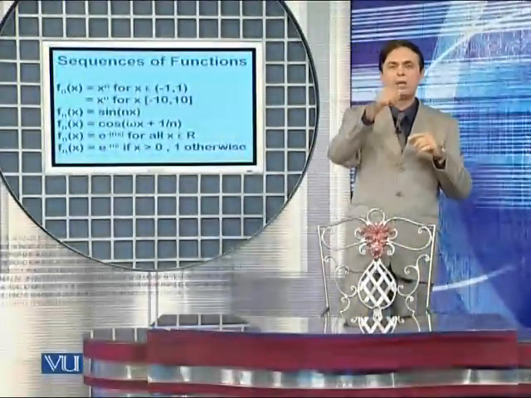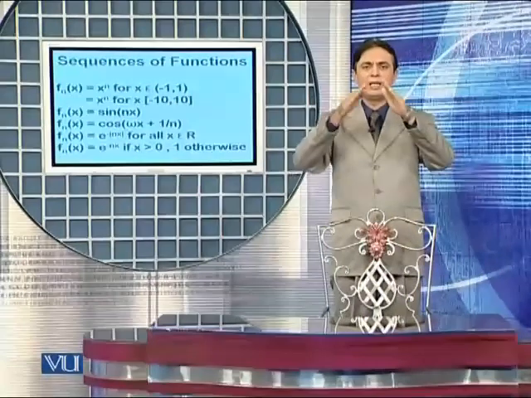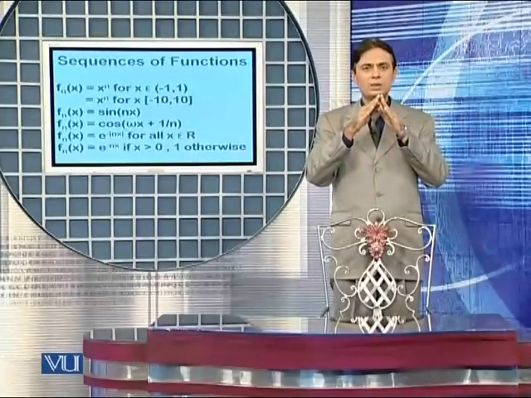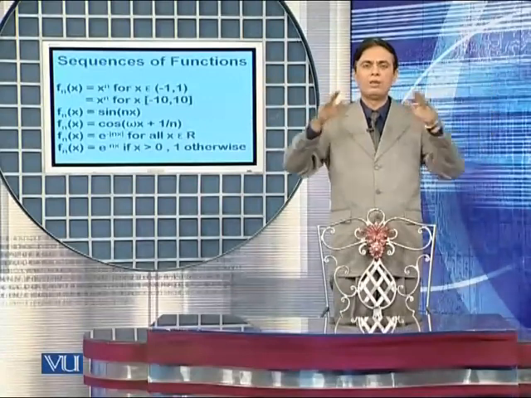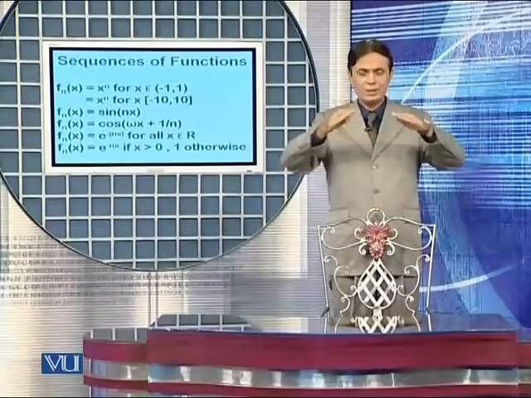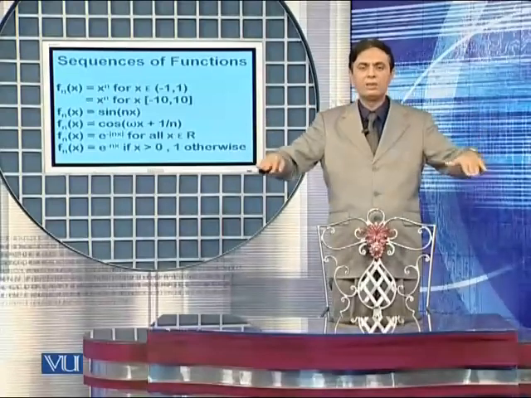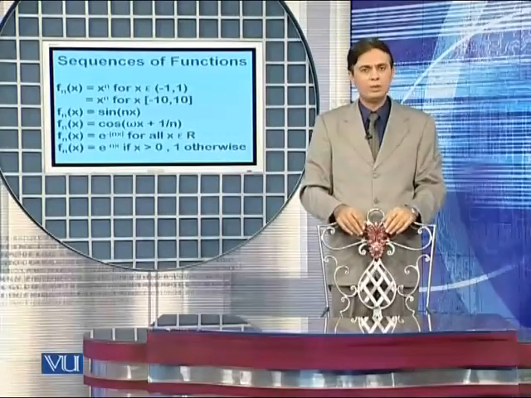From the vertical axis where it is 1, on both sides it decays. For n equal to 0, it remains 1 for all values of x. For n equal to 1, it decays slowly. For n equal to 2, it decays even more. For higher values of n, it decays very steeply, and then it remains closer to 0.